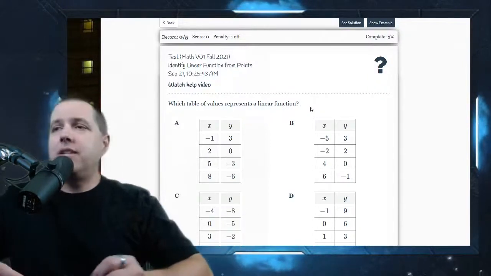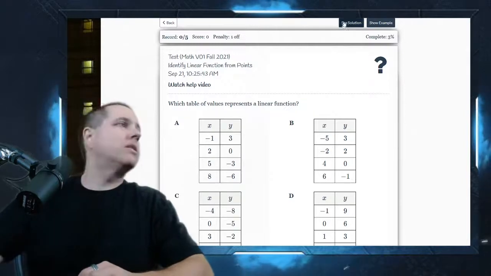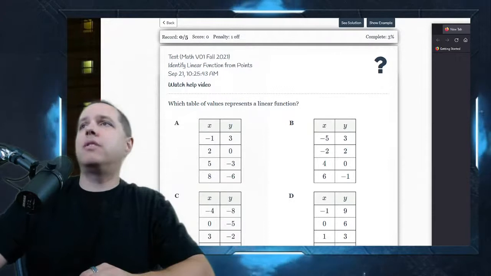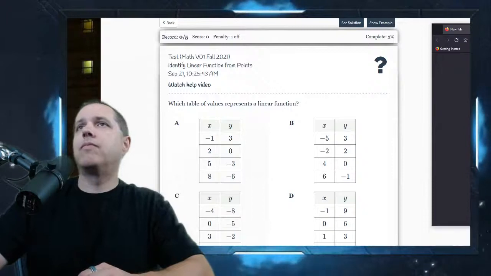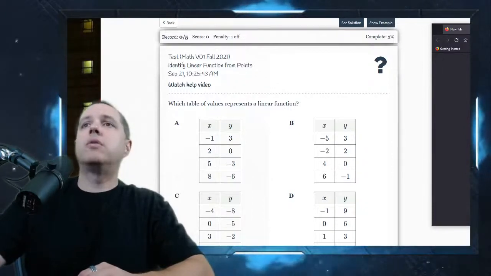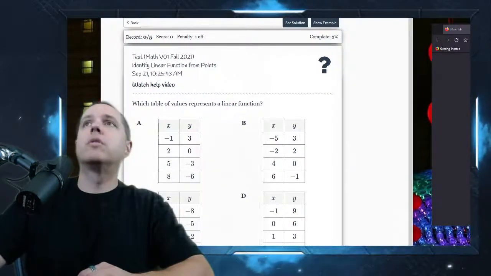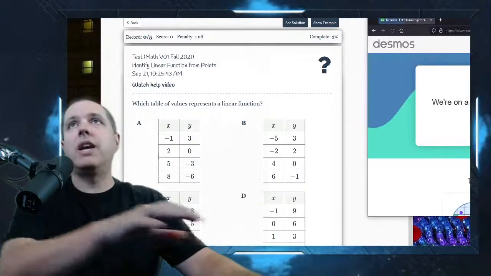So what happens is, if you think about it, let's see if I can do this actually. Maybe I can try to have both of these on the screen at the same time. Because I'll try to explain how this works.